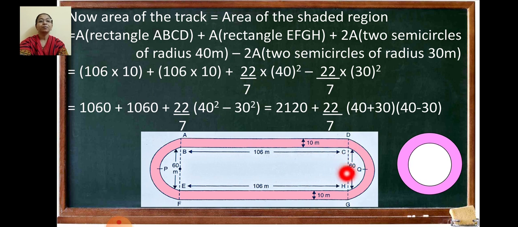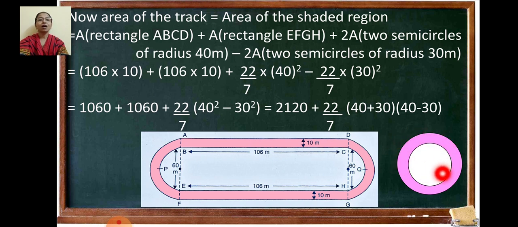How did 40 come? See, from this center up to the point C, this is the radius of the inner circle. To that inner circle radius, I have added 10 meter more. Why? Because the width of the track is 10 meter. So 30 plus 10 is equal to 40 meters. So the radius of this outer circle is 40 meters and the radius of the inner circle is 30 meters.